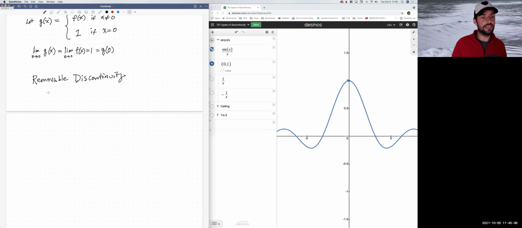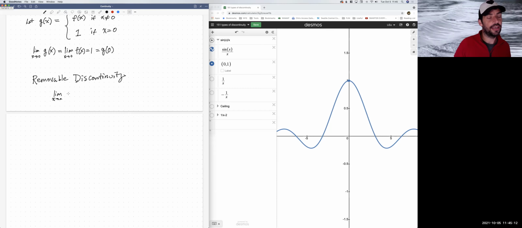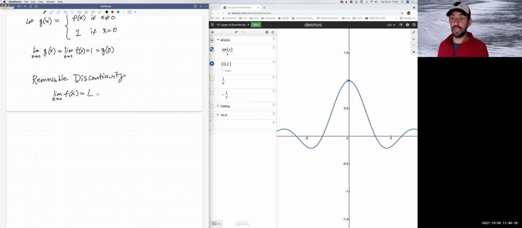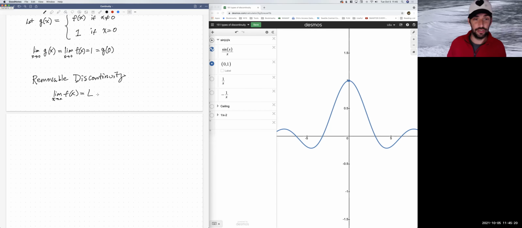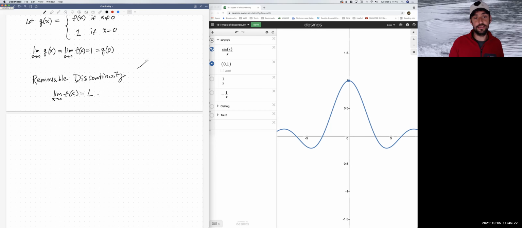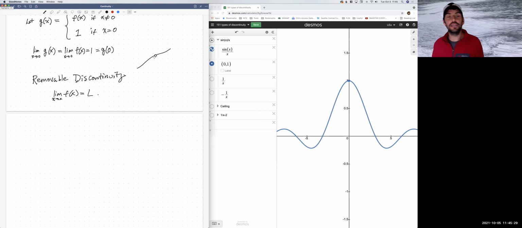We have a removable discontinuity when the limit as x goes to a of f of x equals some number. If the limit exists, then we can fix our function, because if the limit exists, what it means is you have this kind of situation where there's a hole, and all you'd have to do is define the function to be equal to that value there.